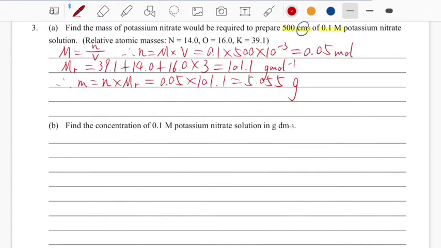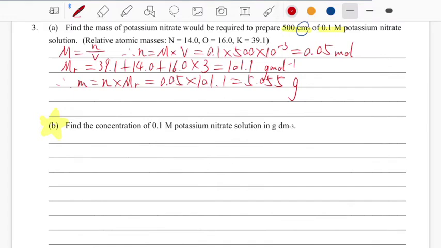Okay, so last one, I want you to pay special attention. I want you to put a star next to this. Here, it asks you to find the concentration of 0.1 molar potassium nitrate solution in gram per dm cube. There are two ways to work it out.